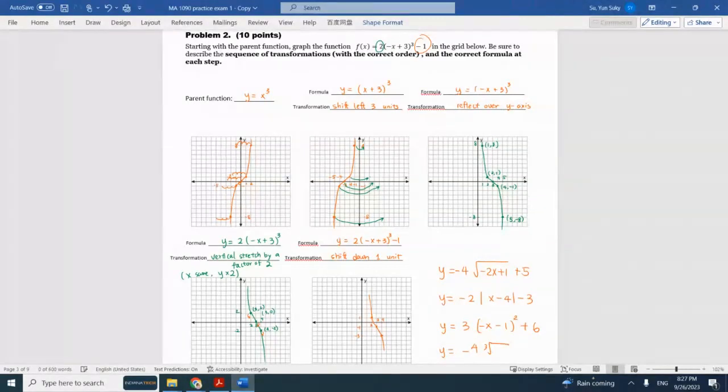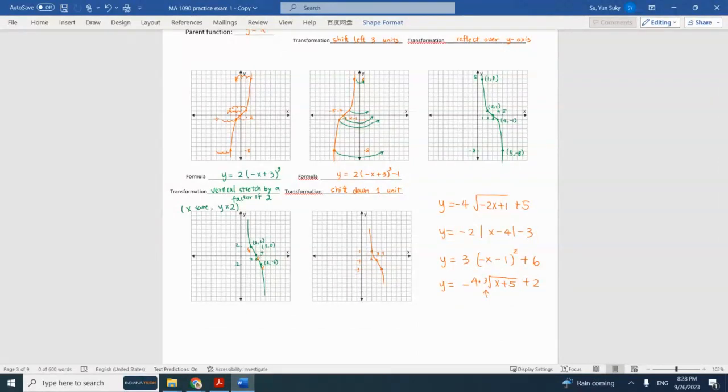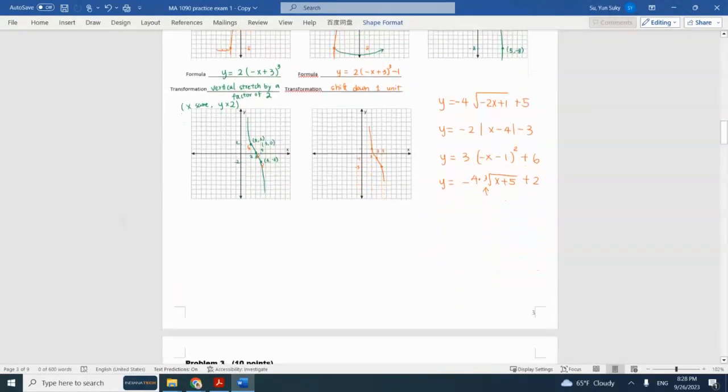Okay, so cube root of x plus 5 and how about plus 2, something like this. Okay, so this is cube root. So sometimes you're not sure the cube root is like with the 3 or with the radical, and you can always raise your hand and ask me in the exam. Okay. Alright, so yeah, you can make up more problems to practice.